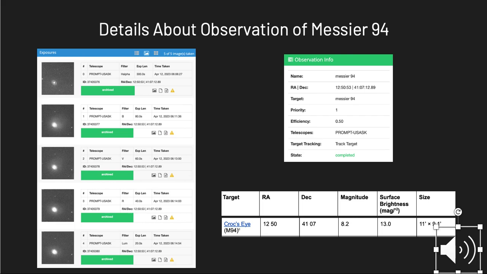I also want to note that circling back to the left-hand side of the screen, you will also be able to see the exposure length of each of the images that we received back. H alpha had the longest exposure length of about 300 seconds. Then the B filter had about 80 seconds. The V filter had about 60 seconds. The R filter had about 40 seconds, and the luminance filter had about 20.